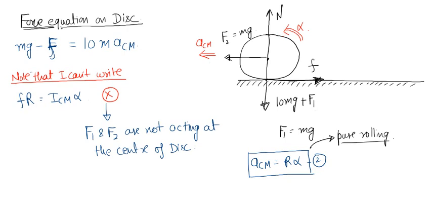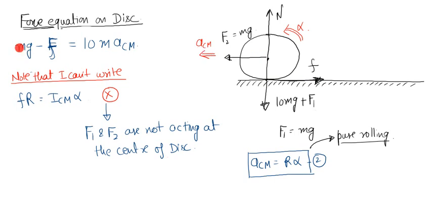Again, F1 and F2 are not acting at the center of the disk. Although I have shown F1 to be acting at the center, I actually do not know the point of application of either F1 or F2. But for writing the force equation, I do not need their point of application. So in the horizontal direction, F2 minus f is equal to mass into ACM, Newton's second law.